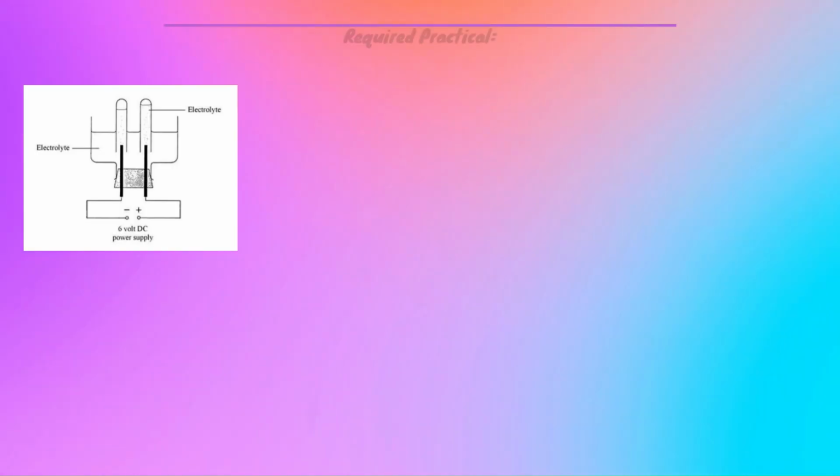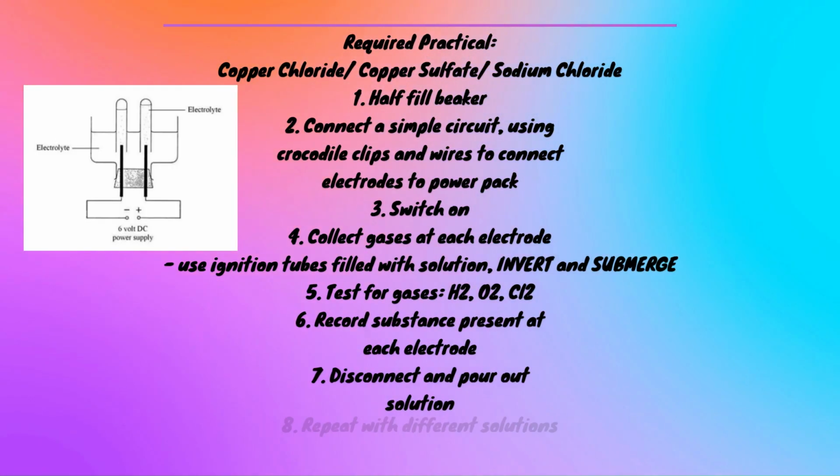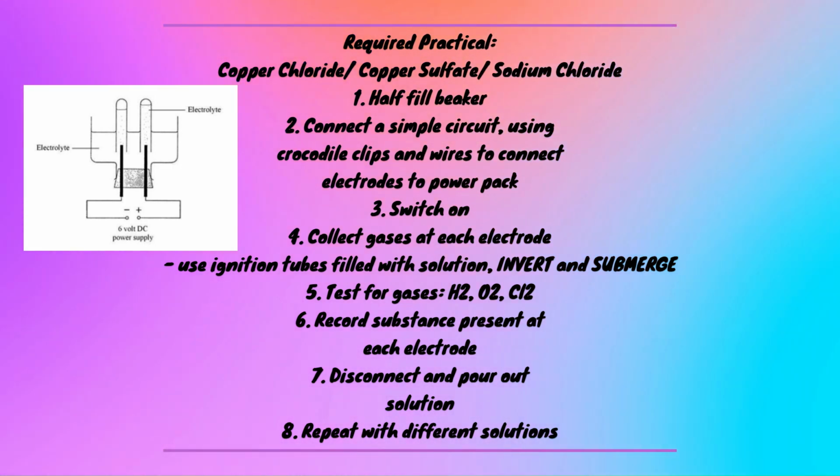Now, there is a required practical for electrolysis, and we might be asked to electrolyse copper chloride, copper sulfate or sodium chloride. So first we'd half fill a beaker full of the solution. We'd then connect a simple circuit using crocodile clips and wires to connect the electrodes to the power pack. We'd then switch that circuit on and collect the gases at the electrodes. We use ignition tubes filled with solution, inverted and submerged to do this.